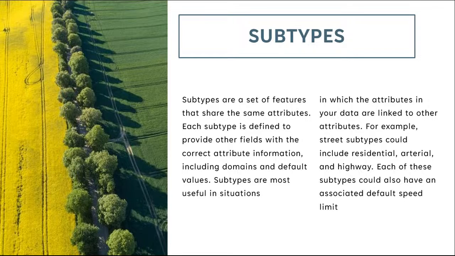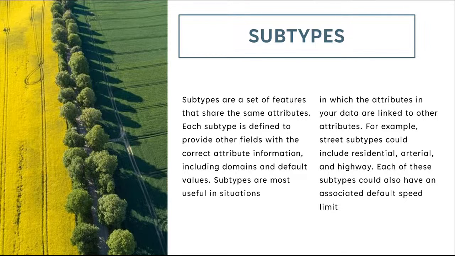Subtypes. Now we established from the introduction that the domain and the subtypes are components that are interrelated and very important to each other. So what is this subtypes itself? Subtypes are a set of features that share the same attributes. Each subtype is defined to provide other fields with the correct attribute information, including domain and default values.